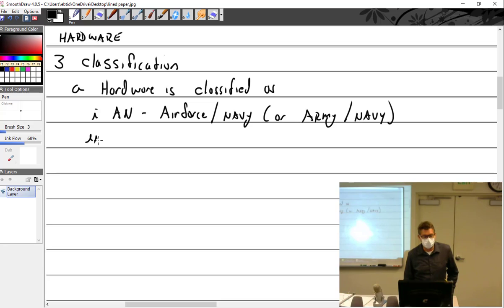All right, so it's either an AN, or then they changed it to MS, which is military standard, and then now they have NAS, which is National Aircraft Standard.